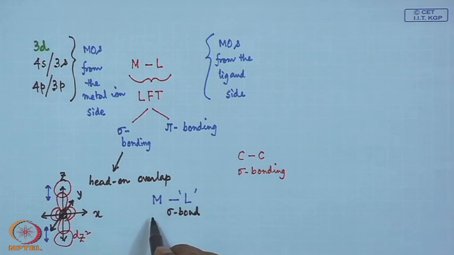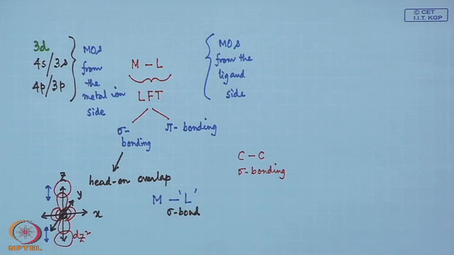But in this particular situation, when the sigma bonding interaction takes place, we will find whether this overlap is taking place through donation from the ligand to the metal center, or at some time we will find that the ligand can also function as an acceptor species, accepting the electron density from the metal side. Both these things can happen, and for that purpose we should know the corresponding energy levels for these sigma bonding interactions.